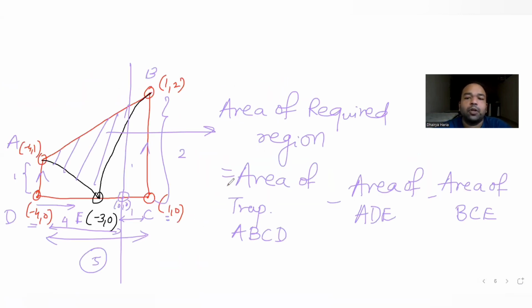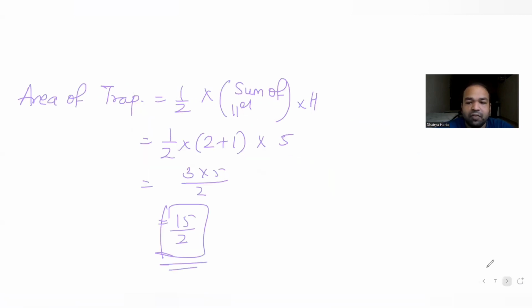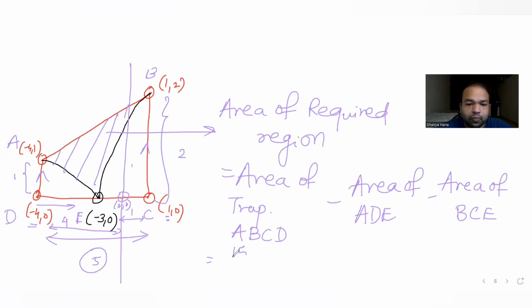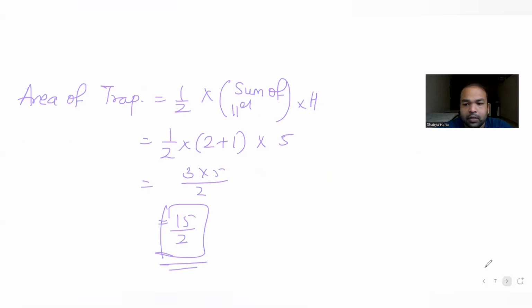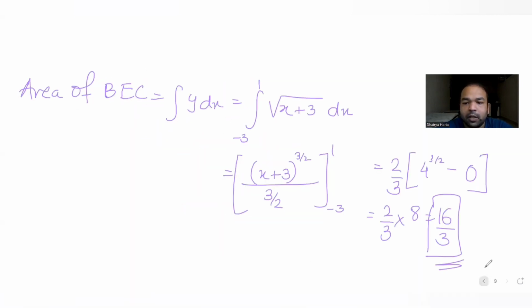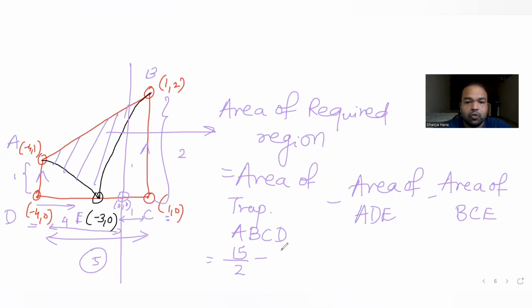Now you just need to put in the values to get the area of the required region. So you had first 15 by 2 minus. The other came out 2 by 3 and the other came out 16 by 3. So 2 by 3 and 16 by 3, so you get 15 by 2 minus 18 by 3. 18 by 3 is nothing but 6, right?